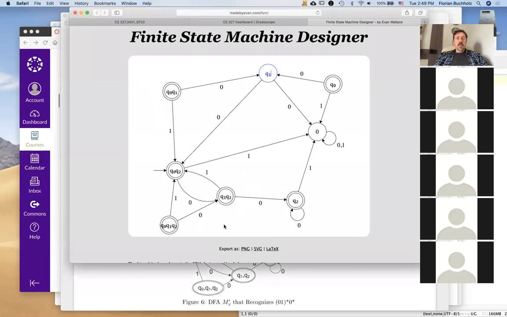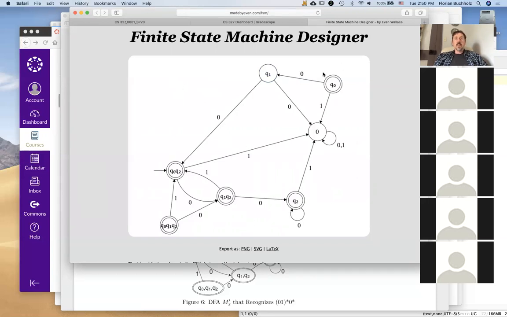But when I explained the actual string, we only focused on some subset of these states here, right? So it turns out that some of these states are completely unreachable. So there's no error actually going into Q0 or into this one. So that really means that we can simplify this. So I don't need this state. So once I'm done with this, I can just say, okay, let's get rid of that one.